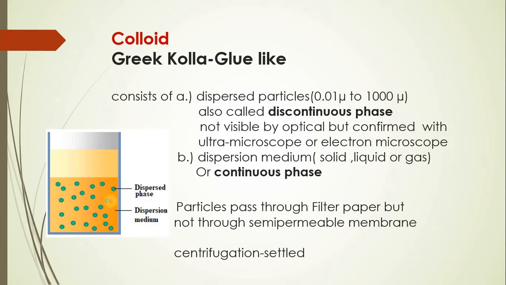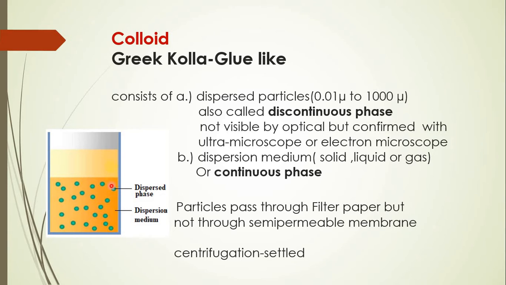Now, why is it called the continuous phase? Because you can see its occurrence, its dispersion, continuously, whereas the dispersed particles, because they are aggregates, are never seen in the homogeneous state. Rather, they will be seen settling down towards the lower side.